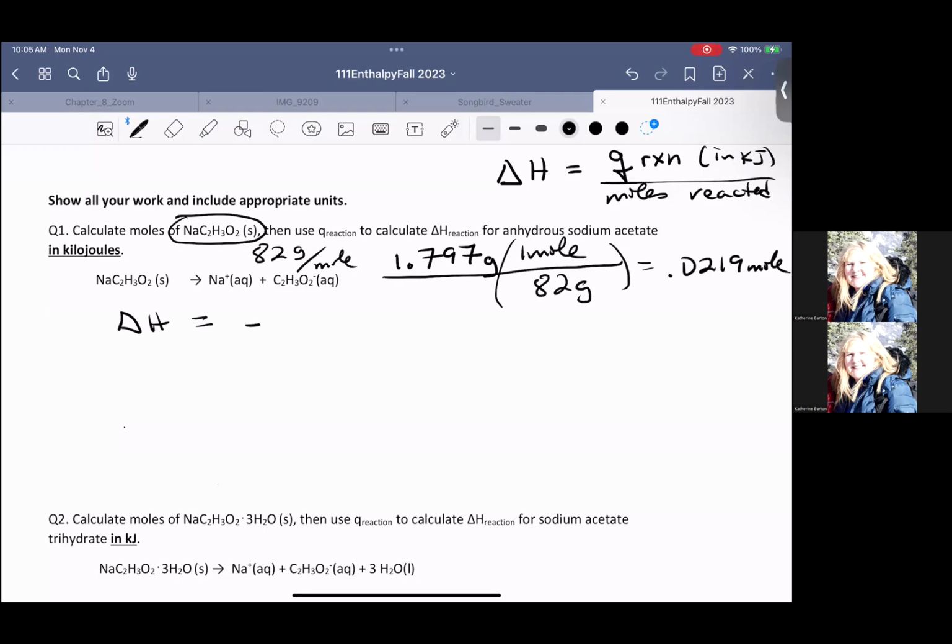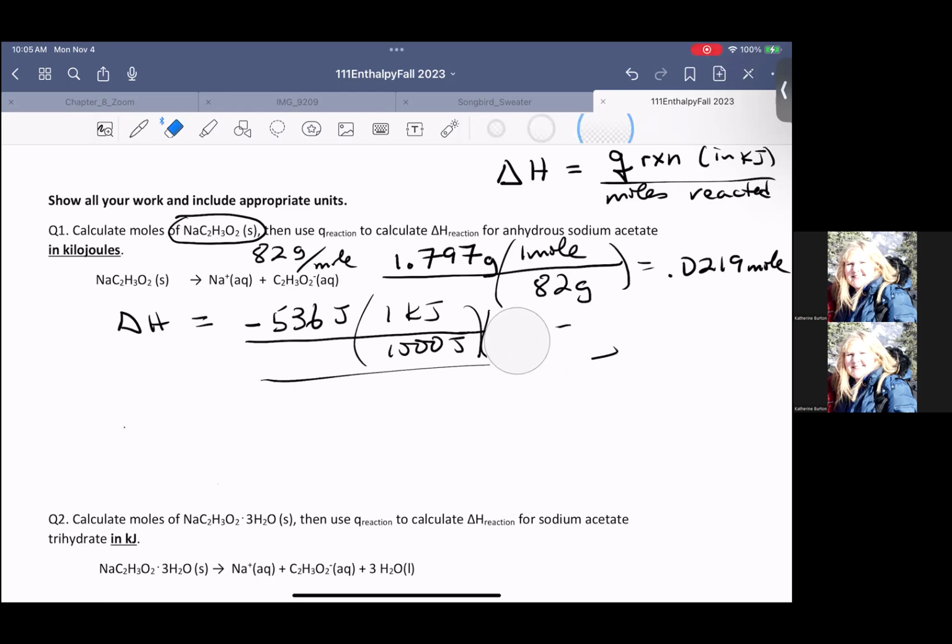My delta H is going to be the amount of heat, in my case minus 536. Truly, your number will be smaller. This is pretty large. I need it in kilojoules. There's 1 kilojoule for every 1,000 joules. And I'm going to divide this by the number of moles, 0.0219 mole.